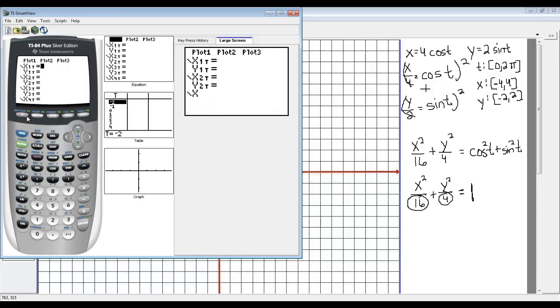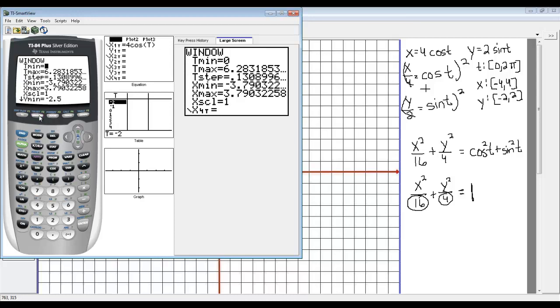And when you do that, you now go to the y equals screen, and you have x sub 1 with t and y sub 1 with t. So let's type in 4 cosine and then hit the x key and it'll automatically give you a t. And then let's type in 2 sine with the t.